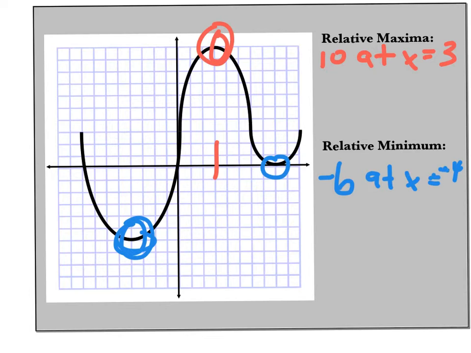So the minimum is -6, and it happens at x equals -4. The other minimum over here is actually at 0. 0 is the y value there, and that happens at x equals +8.